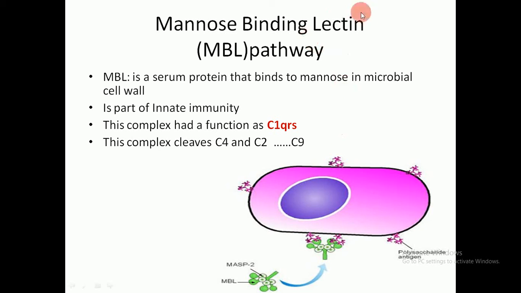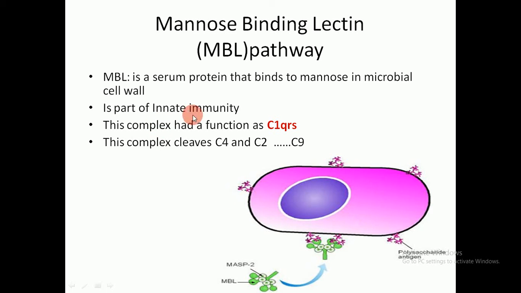The second pathway is the Mannose Binding Lectin pathway, with M for mannose, B for binding, and L for lectin. Mannose Binding Lectin is a serum protein that binds to mannose in the microbial cell wall. So this is Mannose Binding Lectin, the serum protein present in the serum, which binds to mannose present on the cell wall of the pathogen or bacteria.